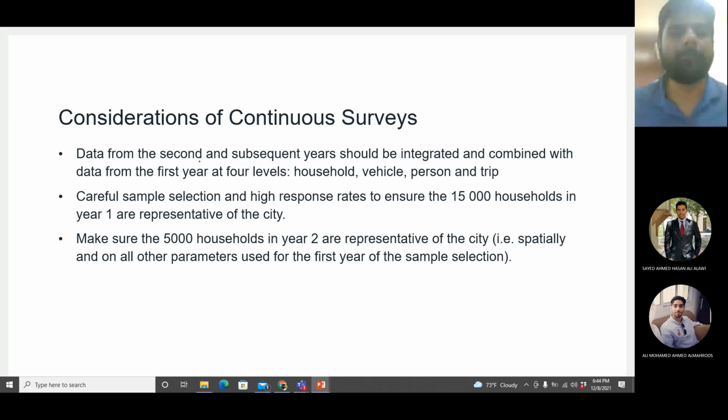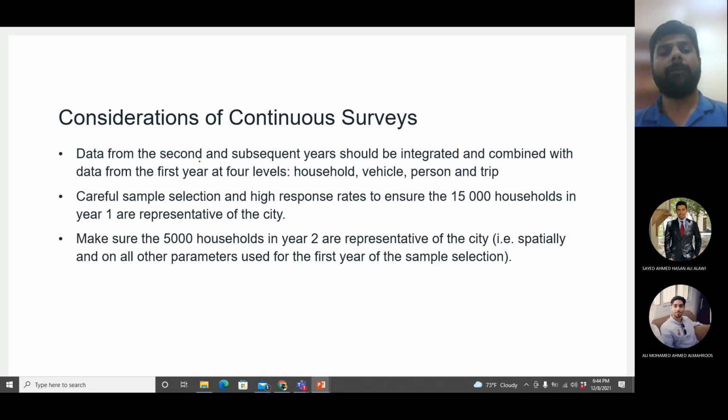Okay, you should collect the sample carefully to ensure that the 15,000 households in year 1 are representative of the city. So year 1 is the most important one. If your data from year 1 was faulty, then it will destroy the remaining calculations as well.